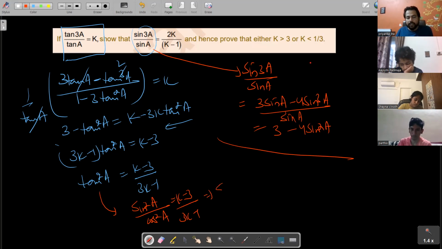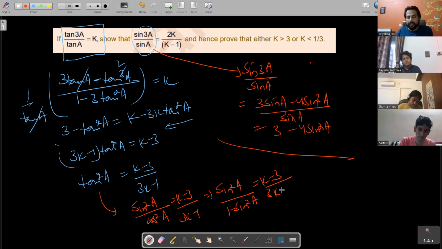Now see, you want sine square a. So write this cos square a as 1 minus sine square a. Very simple. Now you cross multiply it and get the value of this. Or you can apply componendo dividendo.